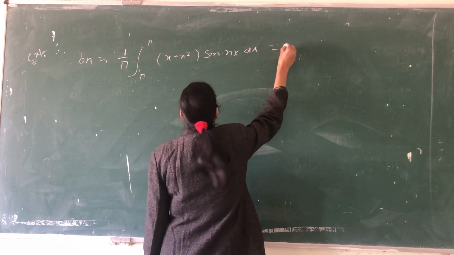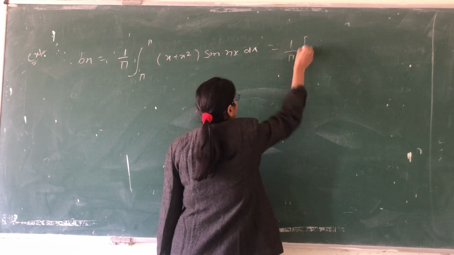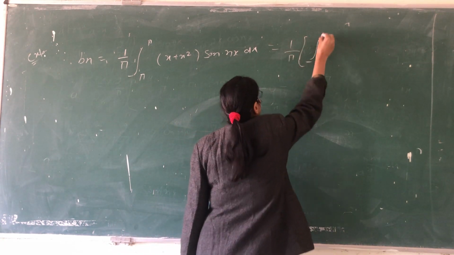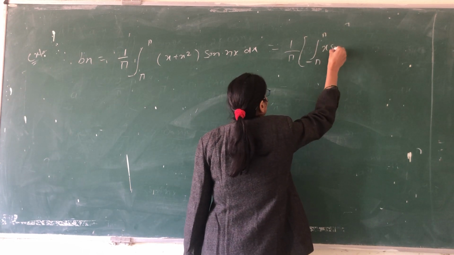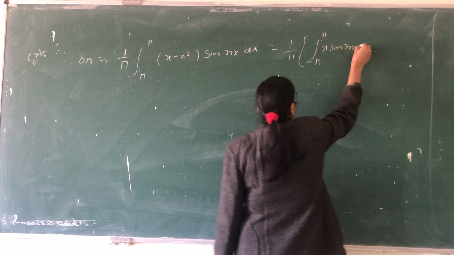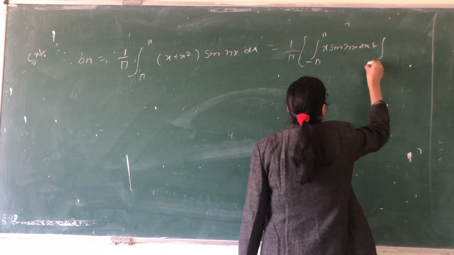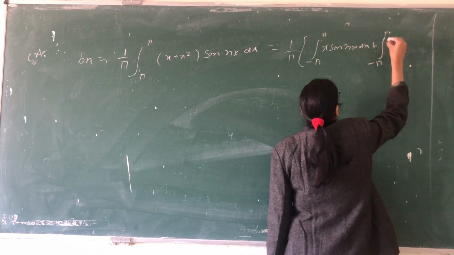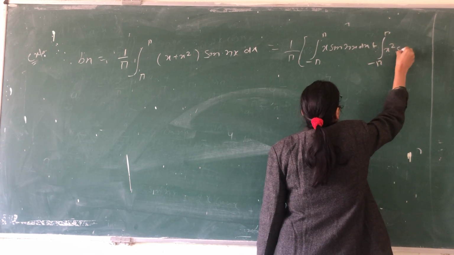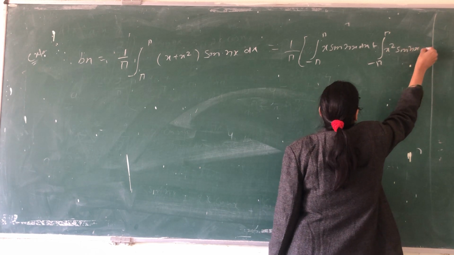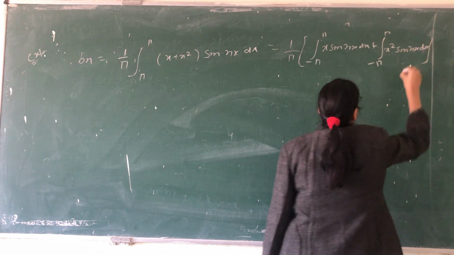This can be written as 1 upon pi integration from minus pi to pi x sine nx dx plus integration from minus pi to pi x square sine nx dx.